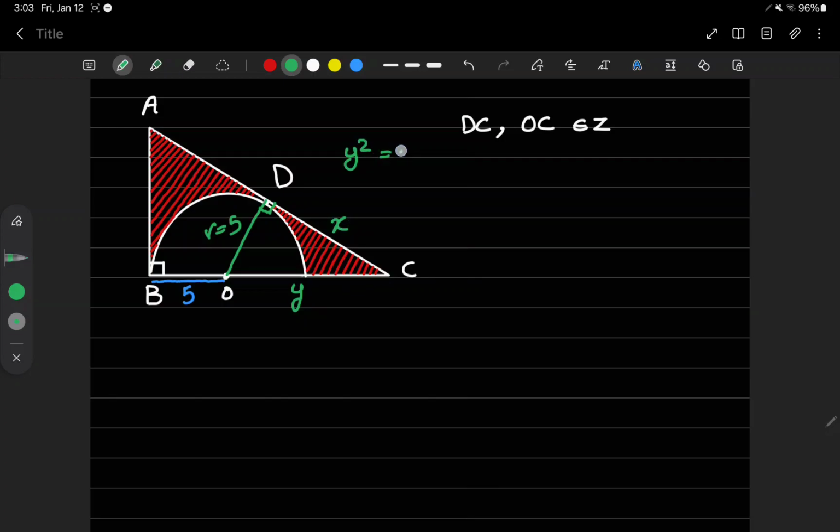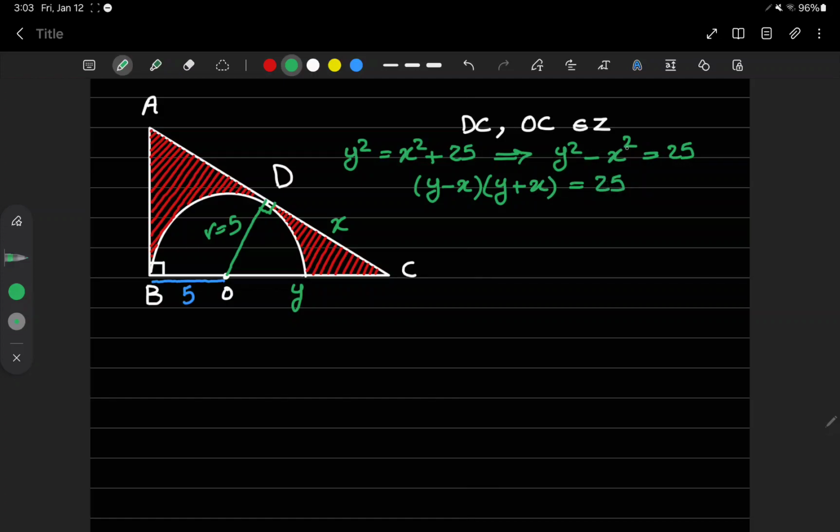Y squared equal to X squared plus R squared, which is 25. And I can modify it this way. So Y squared, if I move X to the left, Y squared minus X squared equal to 25.